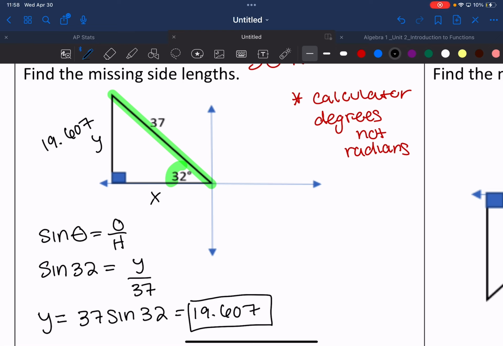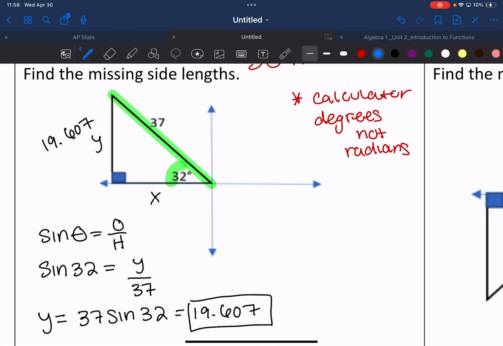So if we're looking again at our angle 32, notice that x is right next to that angle. And what's another word for right next to? Adjacent. So we have x that is adjacent to the angle, and then we have the hypotenuse. So which trig is adjacent and hypotenuse? Cosine.